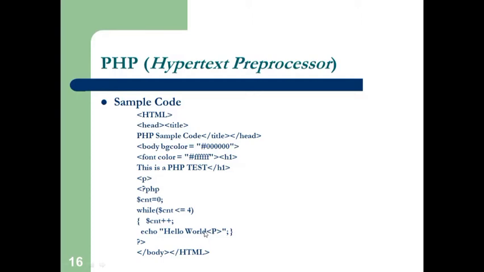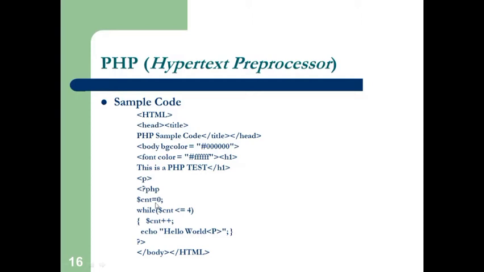What will it print? It will print hello world the first time, then it will go back to the while loop and come to the condition. The count value was 1. Okay, still it is less than 4, the condition is true, so it will go to the echo and again print hello world.